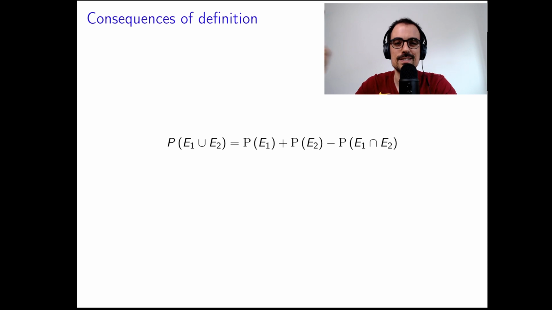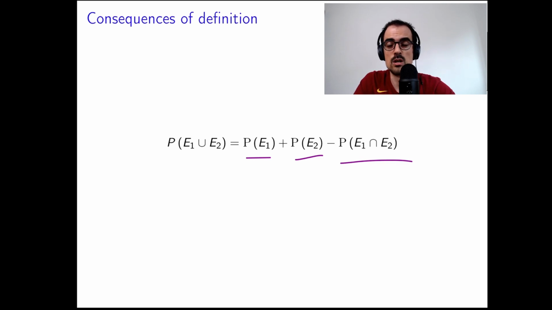In fact, right now. We saw that as a consequence of our intuitive definition of probability, the probability of the union of non-disjoint events was equal to the sum of the individual probabilities, and we had to subtract the intersection.